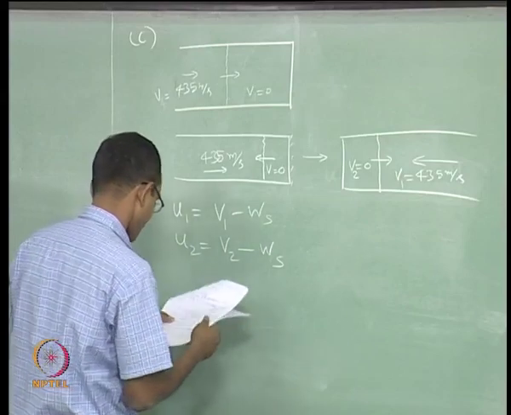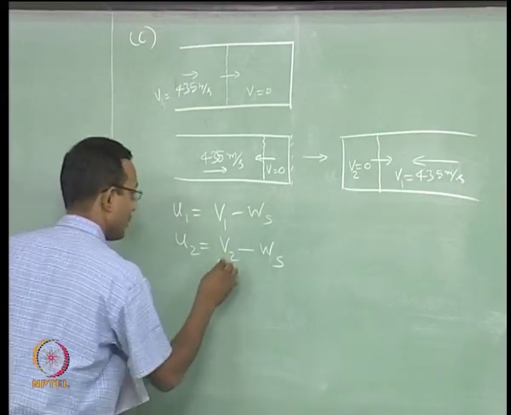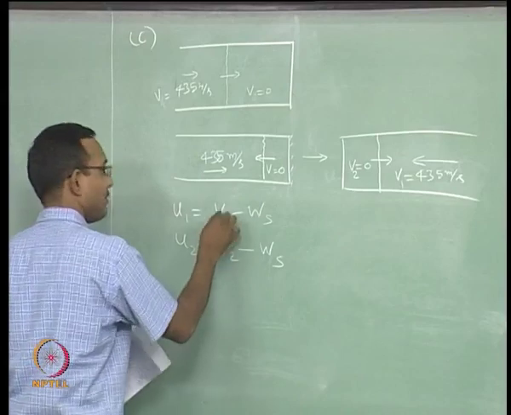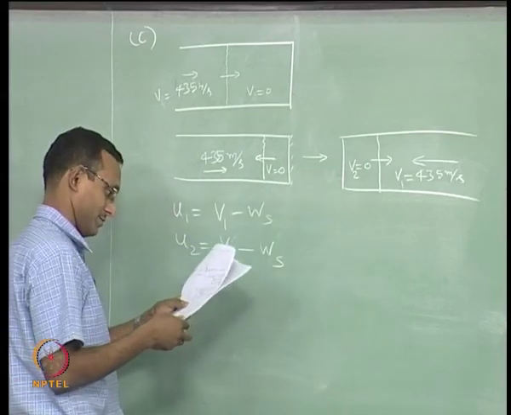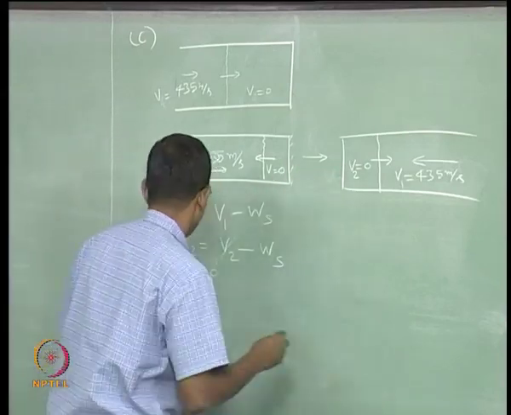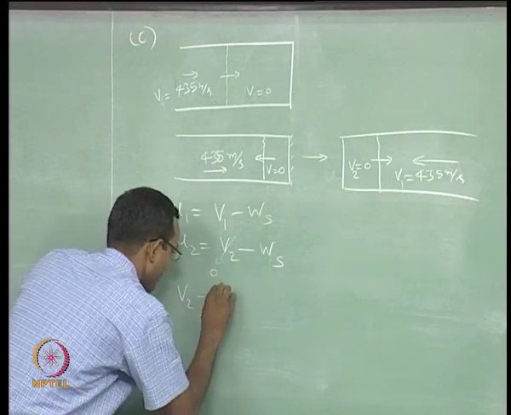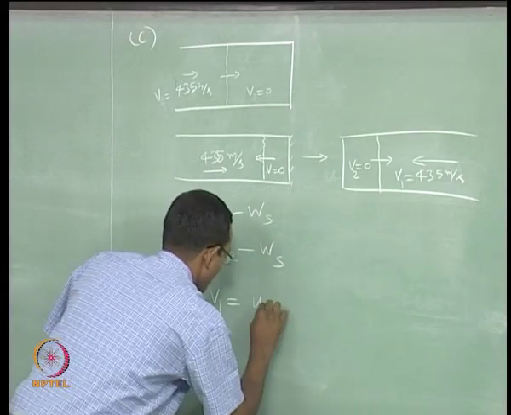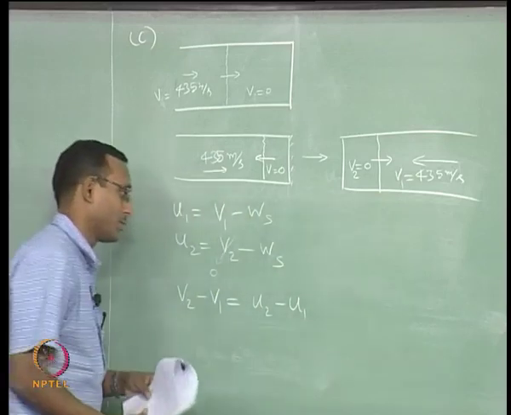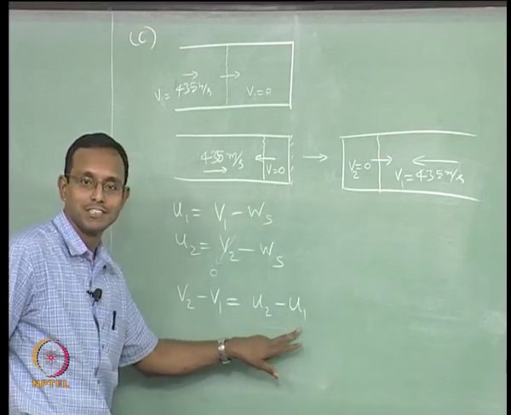We are now given V2, which happens to be 0, and V1 has a value of 435 meters per second. So I will again write V2 minus V1 equal to U2 minus U1. Remember to keep the velocity directions important.